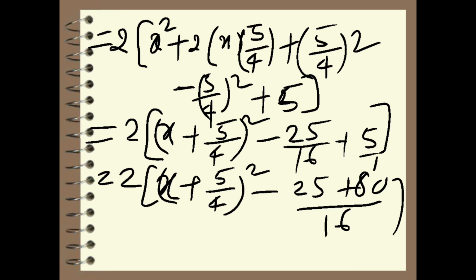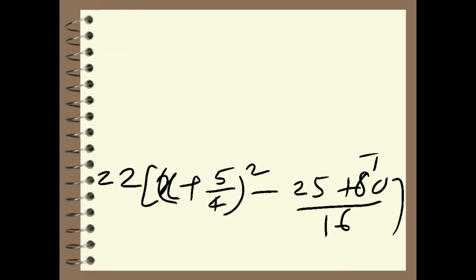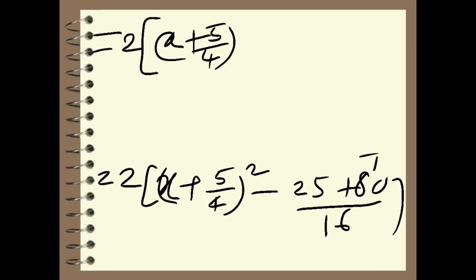So this is equal to 2 of x plus 5 by 4 whole square plus 65 by 16.